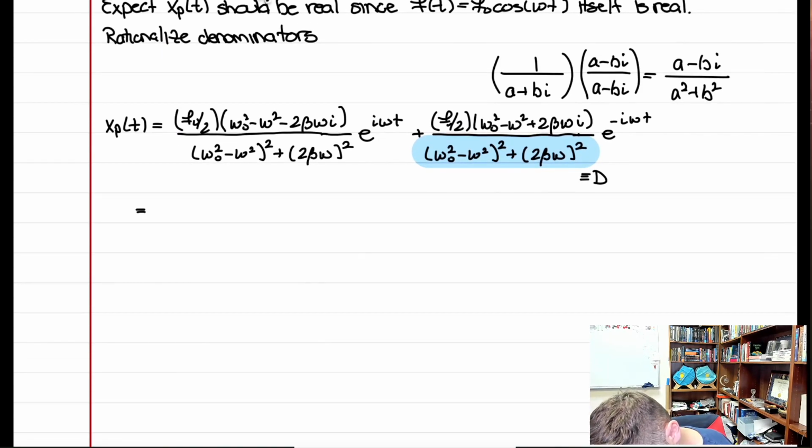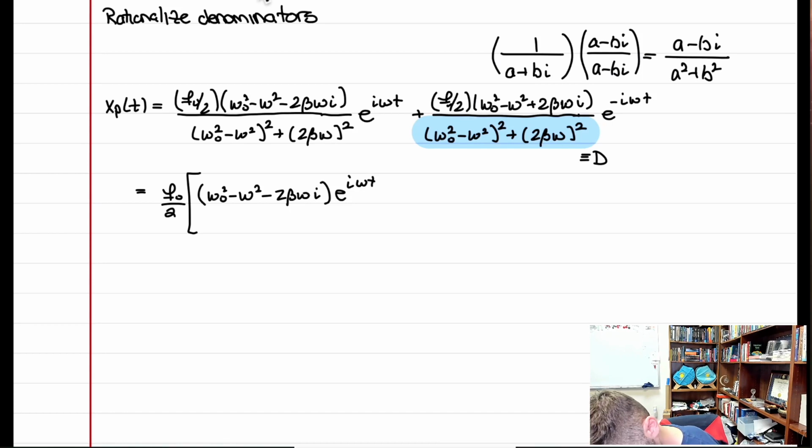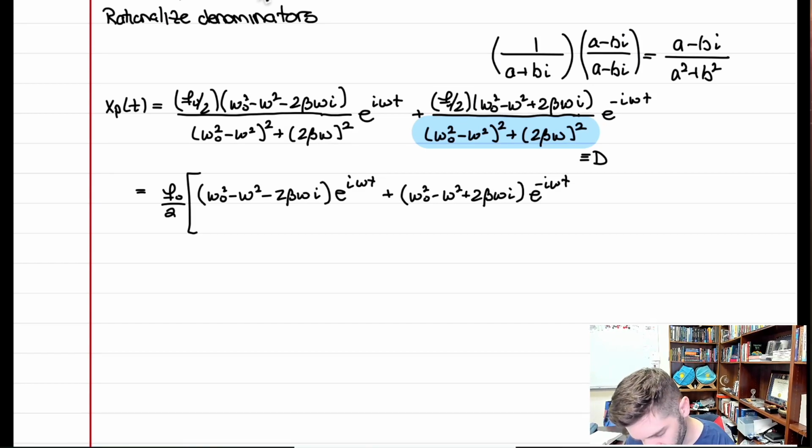So it looks like x sub p has an f0 over 2, which I'll factor out. Then there's omega naught squared minus omega squared minus 2 beta omega times i, times e to the i omega t, plus, with the f0 over 2 factored out, 2 beta omega i, all being multiplied by negative e to the negative i omega t.